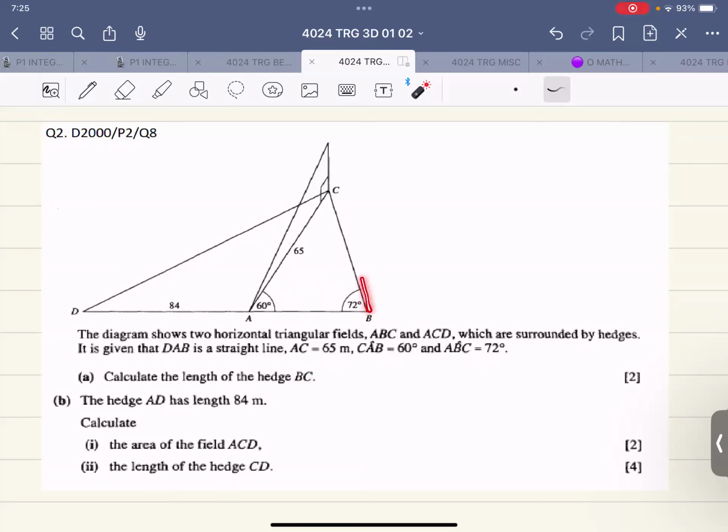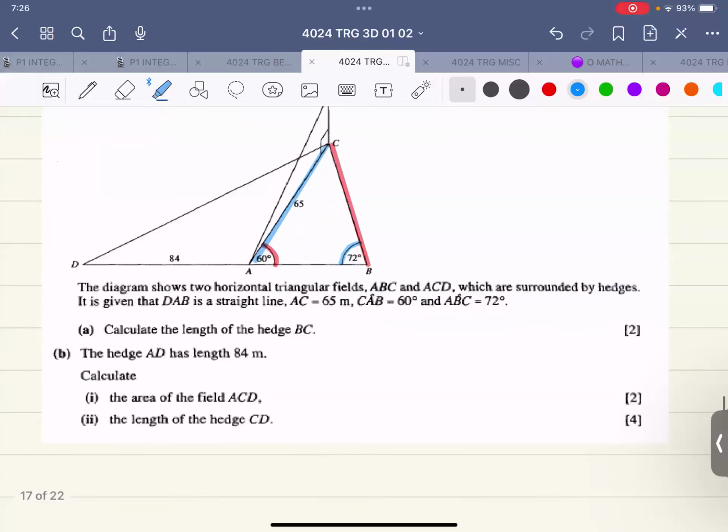So in order to find BC, what do we need? We need to label things properly. So we have this angle, and then we have this side. And then we have this length, and then we have this particular angle. So therefore, we can apply sine rule.